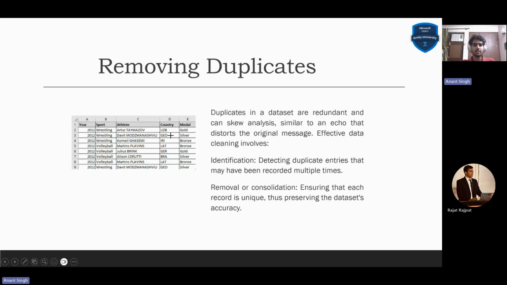So if we train it on David 2 times and Martin 2 times, for Latvia it will always start predicting bronze medal, and for Geo it will start predicting silver medals, which is obviously incorrect. There may be multiple entries which may suggest otherwise, but in this case, our model has been skewed or the original message has been distorted. Then we remove or consolidate, ensuring that each record is unique, thus preserving the dataset's accuracy.